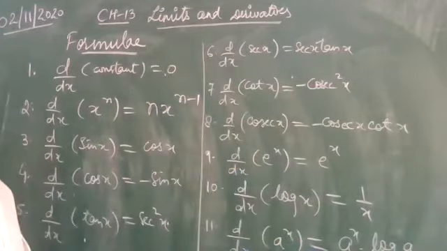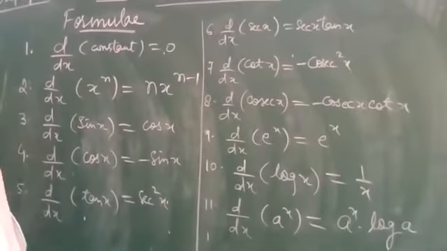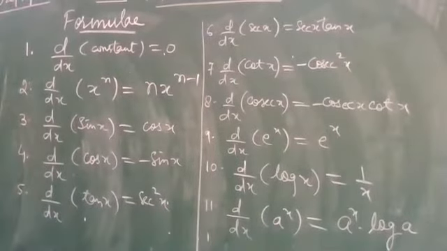So these are derivatives you have to remember. Just note them down. And apart from these, the rules that we have studied: product rule, quotient rule, and chain rule. And for addition and difference, we can take the derivatives separately.